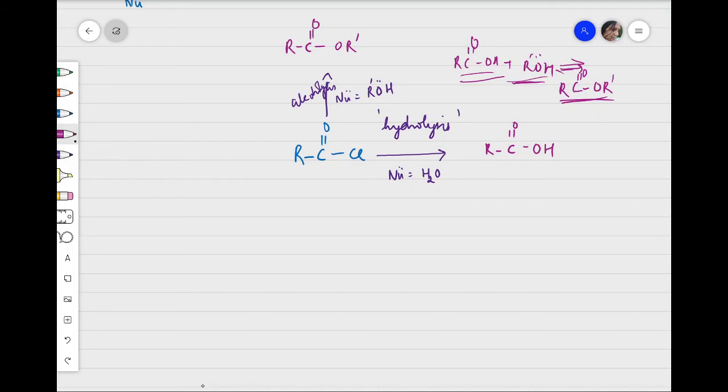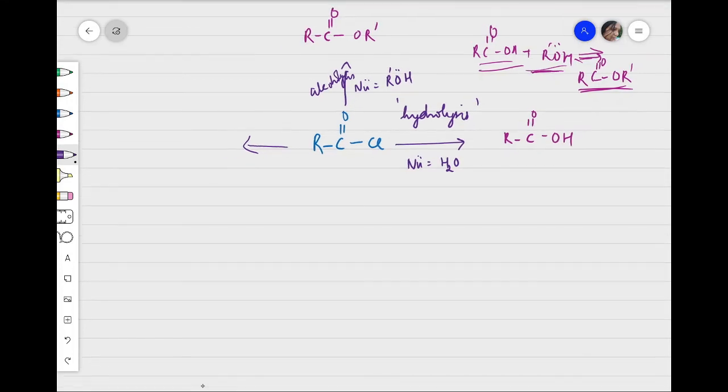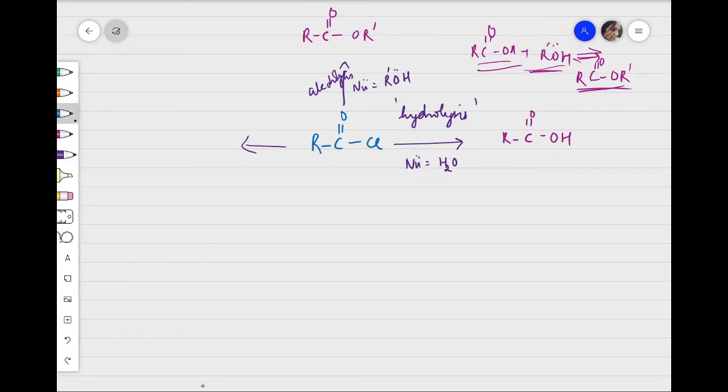Okay, the next set of reactions under the same nucleophilic acyl substitution is when they are converted into amides. So the next set is where I am going to get amides.